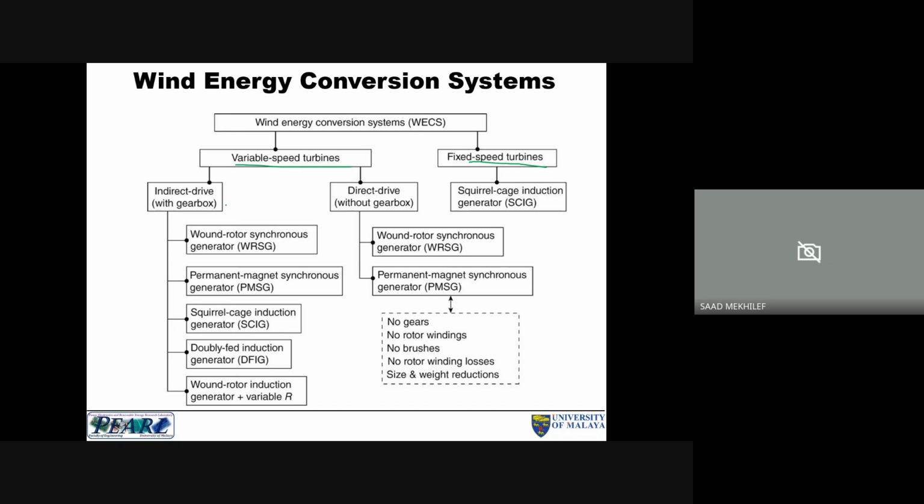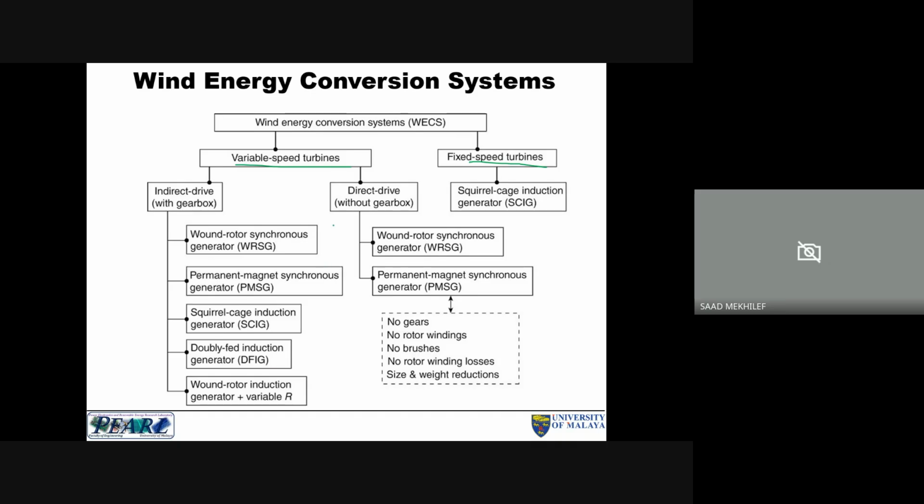Indirect drive means it's not connected directly to the generator, so it comes with the gearbox. And here we have quite a number of generators that can be used, including squirrel cage induction generators, doubly fed induction generators, and so on.